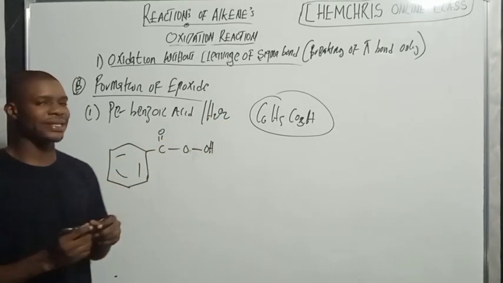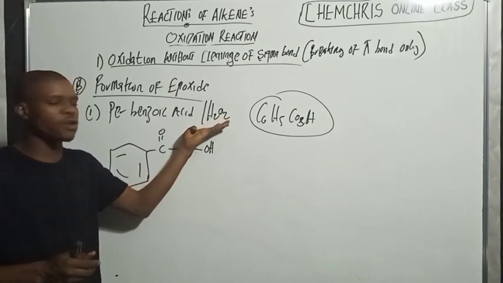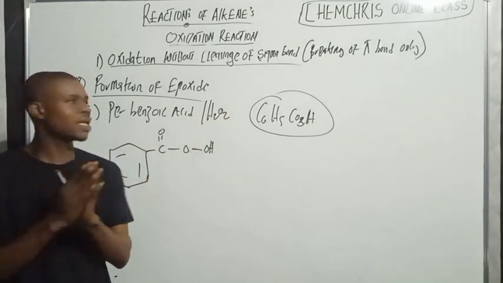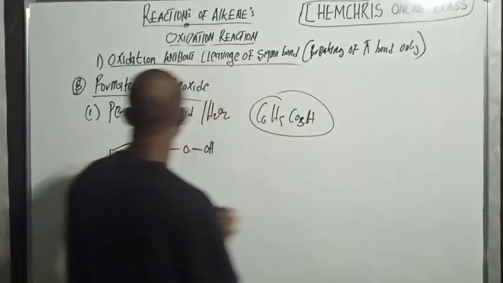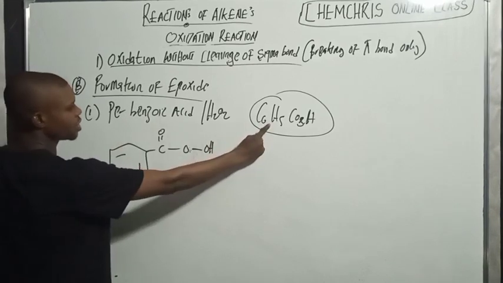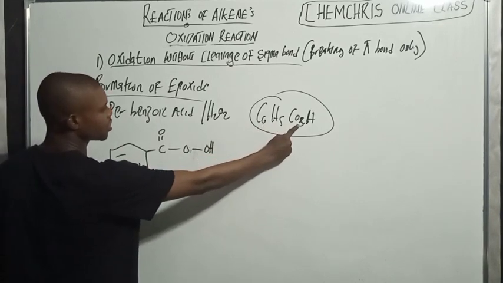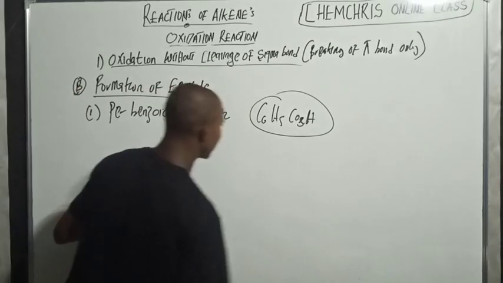So when alkene reacts with the acid in the presence of peroxide, it's going to form a peroxide. So let me give you a typical example. So now instead of saying perbenzoic acid, you can just put C6H5CO3H. So that is the reagent.